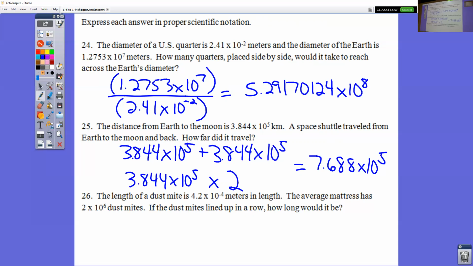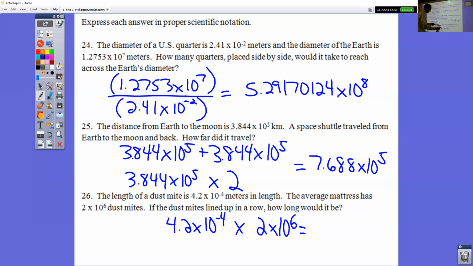In number 26, the length of a dust mite is 4.2 times 10 to the negative 4th meters in length. The average mattress has 2 times 10 to the 6th power dust mites. If the dust mites lined up in a row, how long would it be? So you know the length of one dust mite, you know how many you have, and you need to figure out how long they would stretch in a row. So you want to multiply those two numbers together, 4.2 times 10 to the negative 4th times 2 times 10 to the 6th.